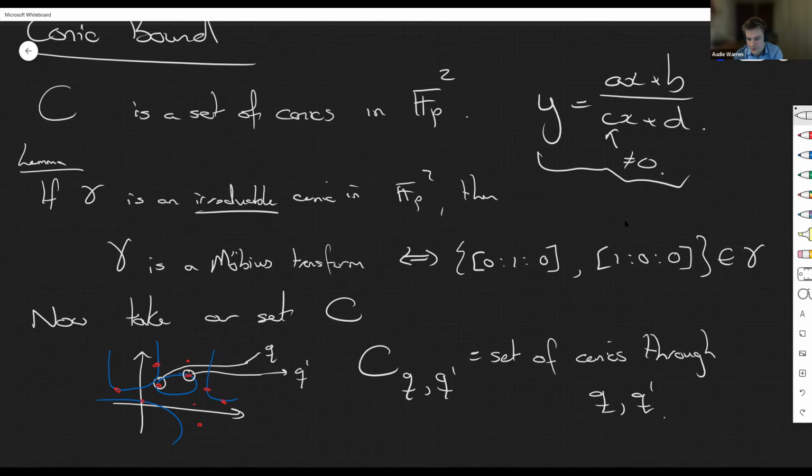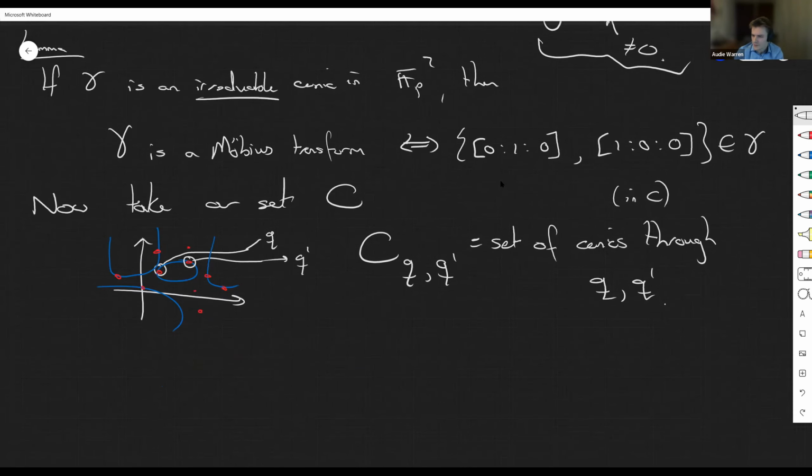Set of conics from our set, which go through both Q and Q prime. We're almost done now.